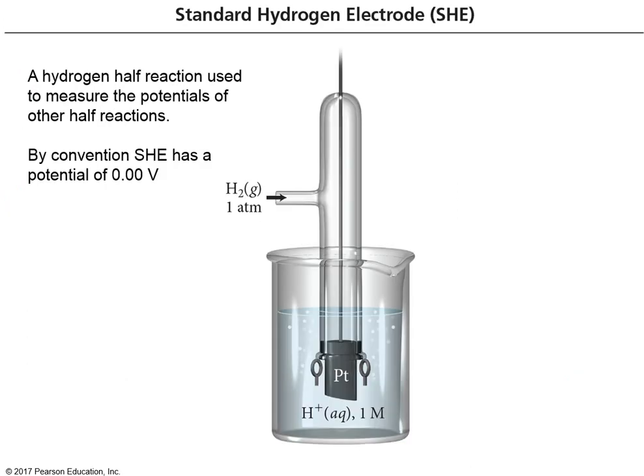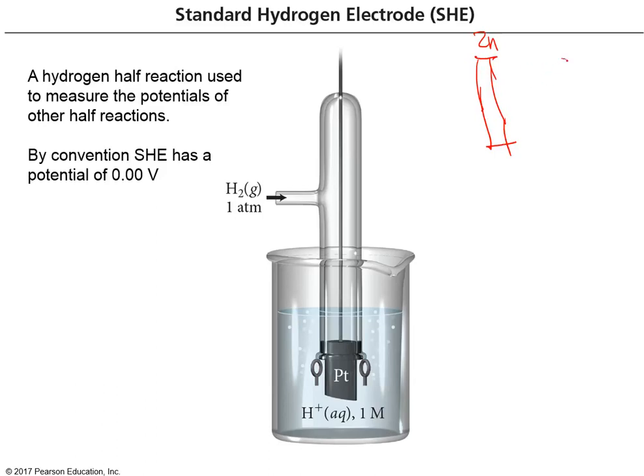Now, if you want to measure electrode potential, you cannot just use a single electrode. For example, let's say this is a zinc electrode. I cannot measure the potential of zinc just by using zinc alone. I need to use something else.